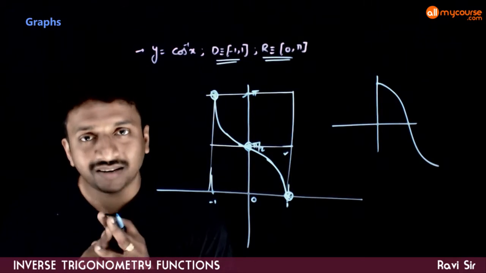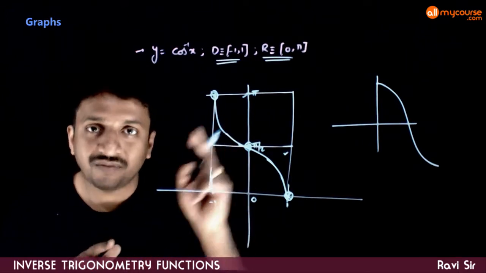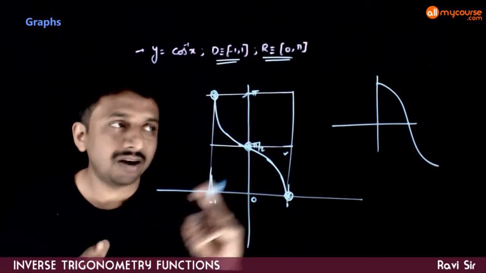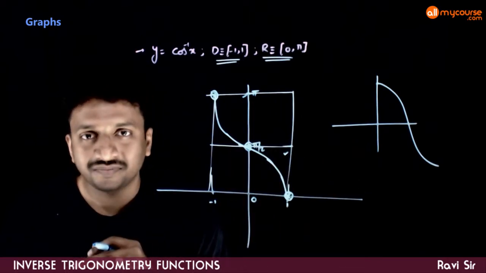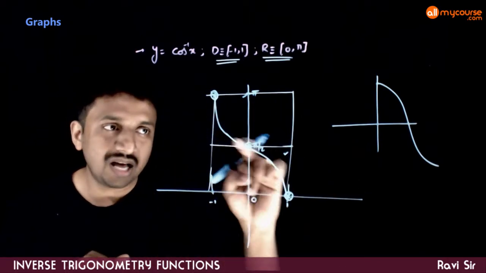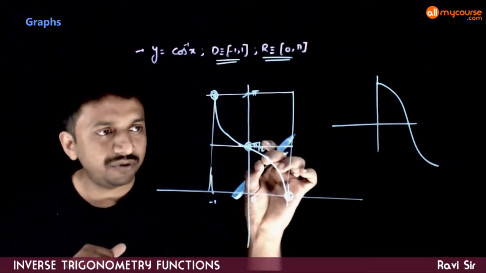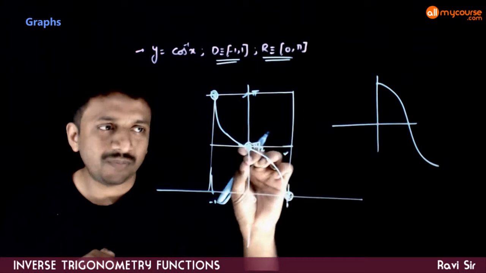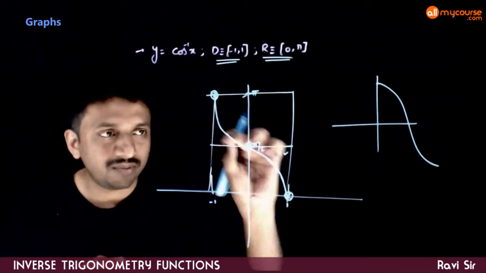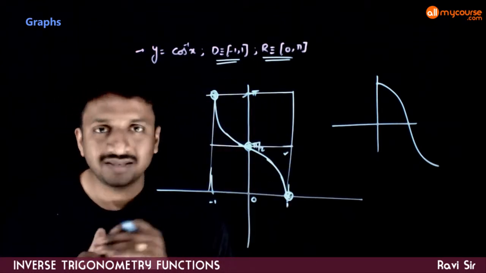You should remember that the graph of an inverse function should not look like the original function. So this is how the graph of cos inverse x looks. Even if you draw the table, plot the points and join them with a smooth hand, you get the same graph.